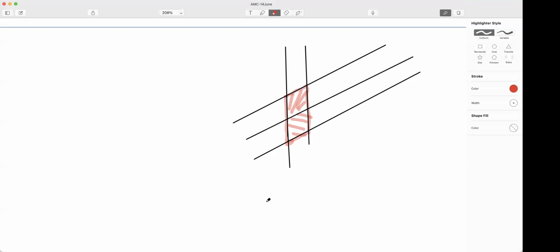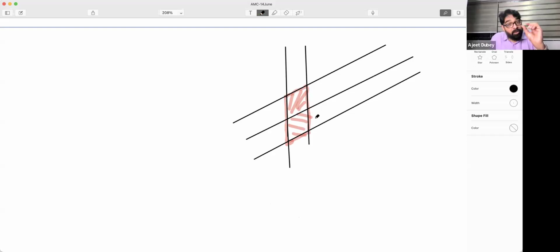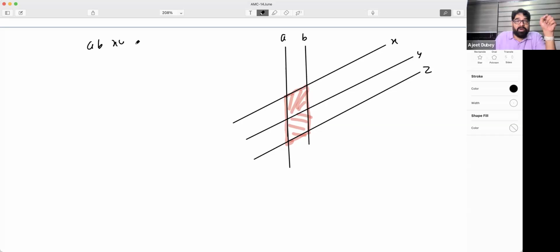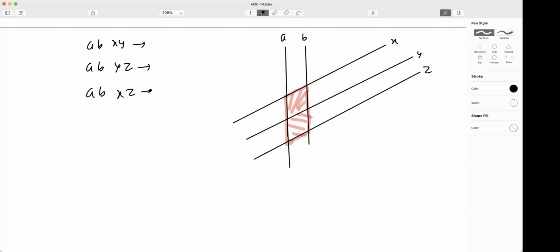Okay, sir. Understood? It means a parallelogram is how many ways you can select the two parallel line sets. Suppose this line is named AB and these points are named XYZ. When you select AB, XY, one parallelogram. AB, YZ, another parallelogram. AB, XZ, another parallelogram.